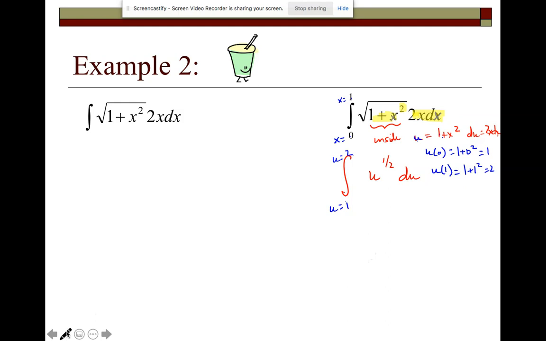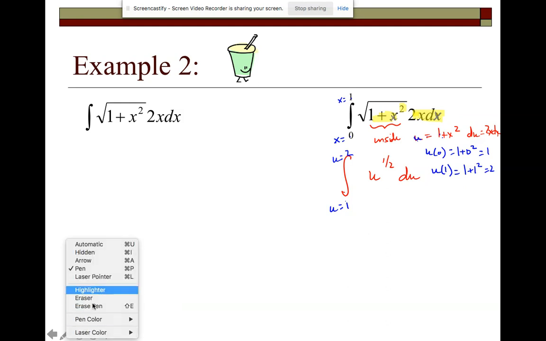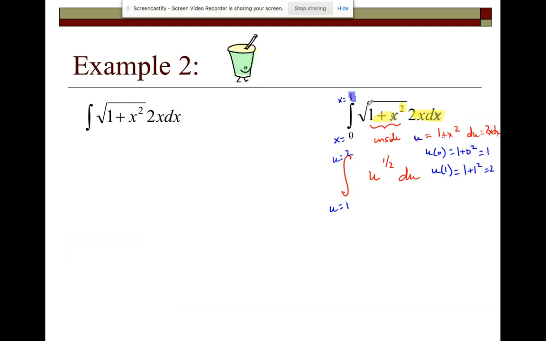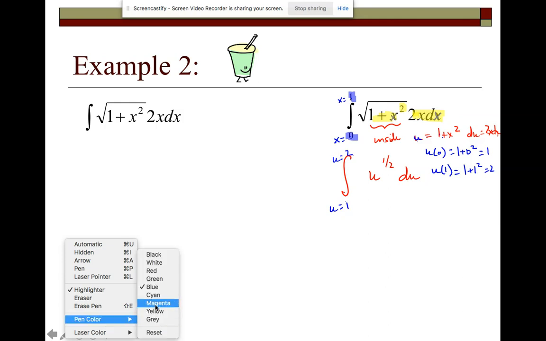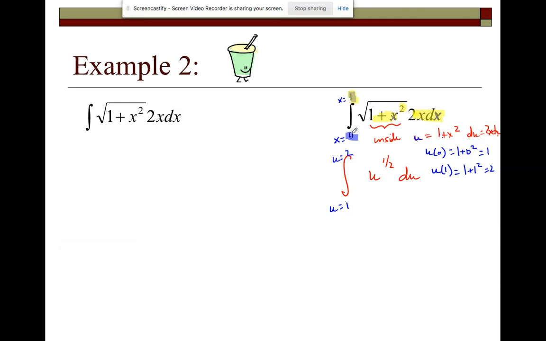So when you substitute, every x thing has to be substituted. The function with x's in it, the variable of integration has an x in it, and the limits of integration are x numbers. When you substitute, you have to substitute everyone.